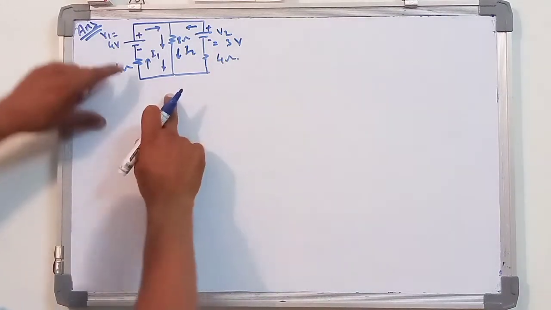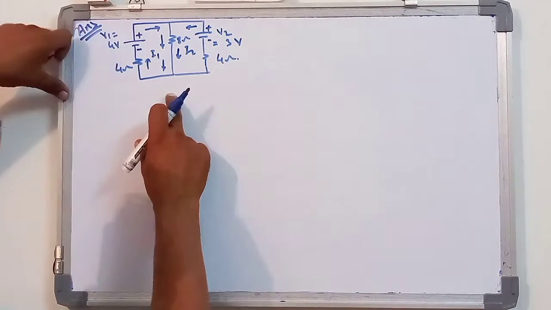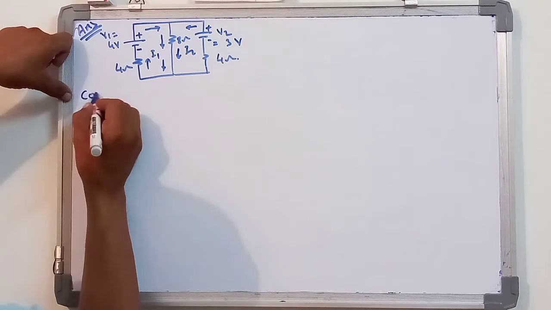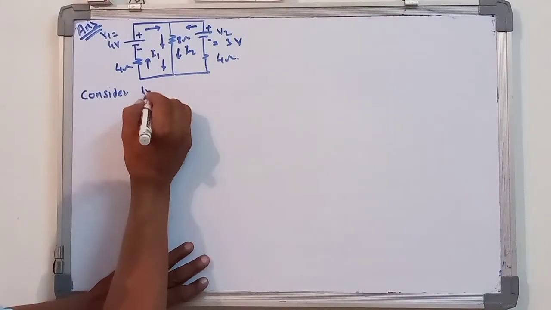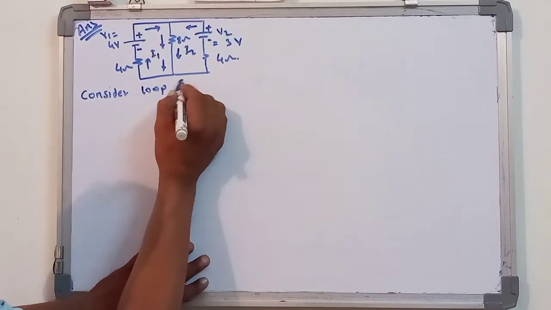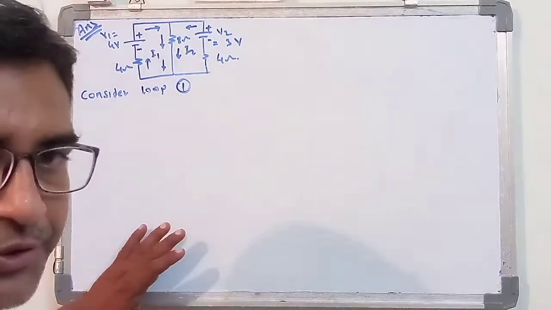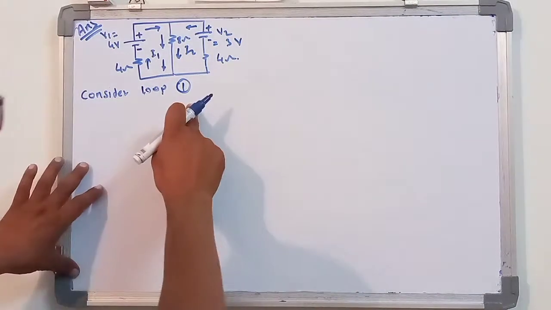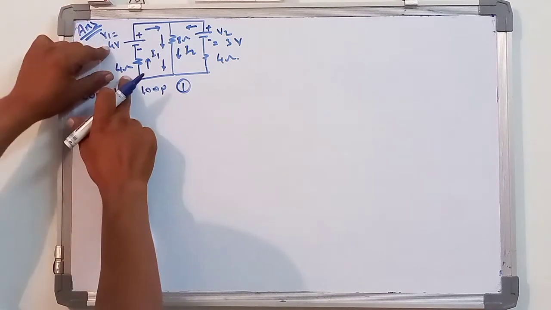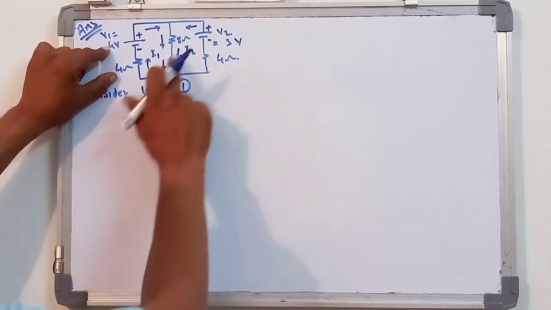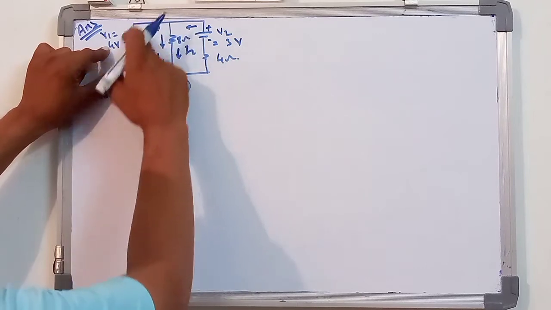So in loop number 1, consider loop 1. Okay students, now in this particular loop you have this 4 ohm resistor and the 8 ohm resistor in the first loop.